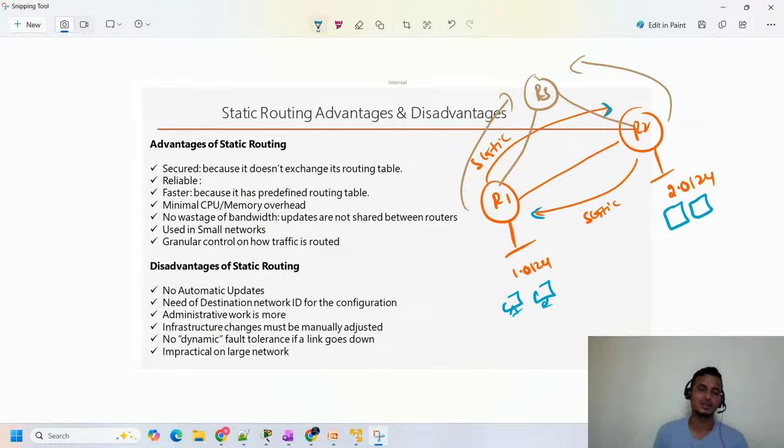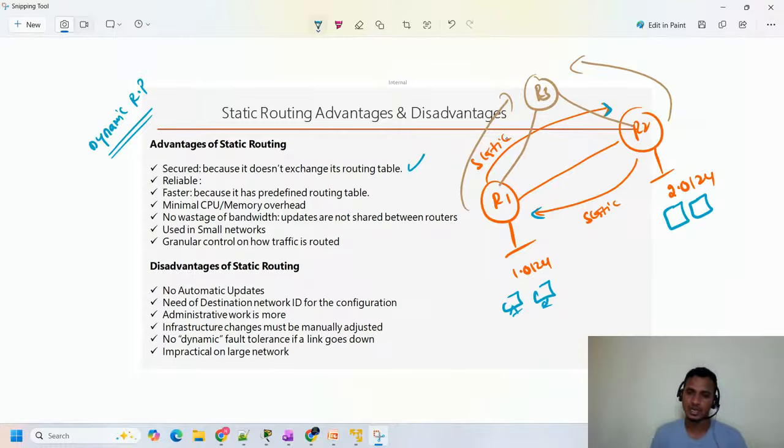That's the reason static routes are very secure, because they don't extend the routing table. The routing table exchange process happens only in dynamic routing protocols. In static routing, the network engineer has to manually define who is going to become your neighbor.